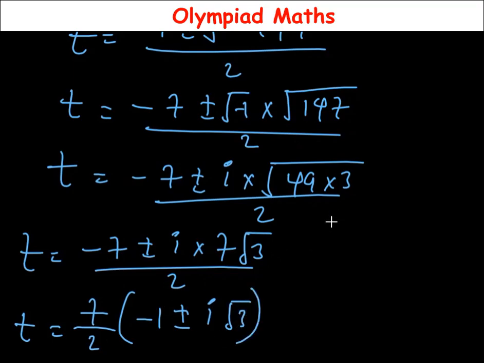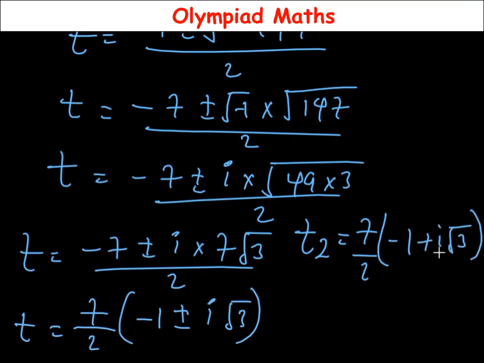This shows that the value of t2 first is equal to 7 over 2, then multiplied by minus 1 plus i root 3. And the value of t3 is equal to 7 over 2, then minus 1 minus i root 3.